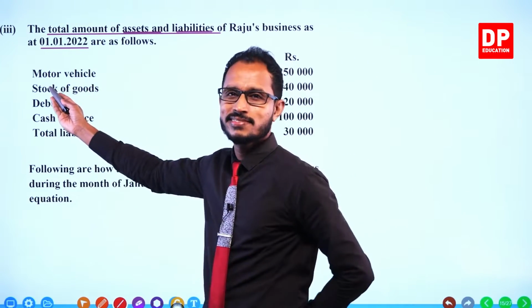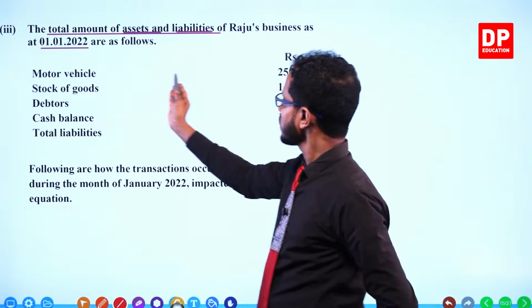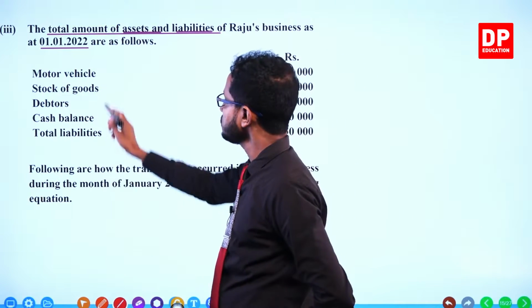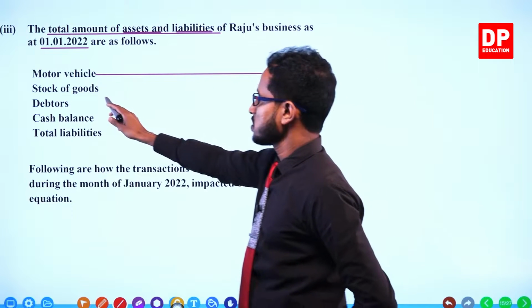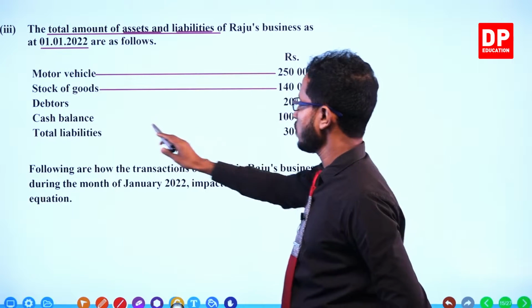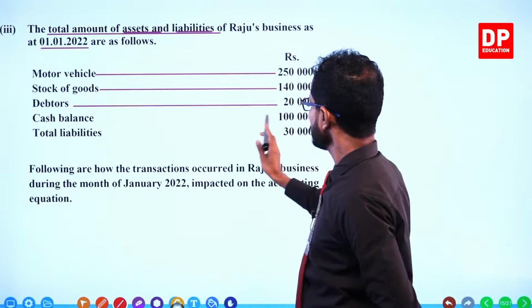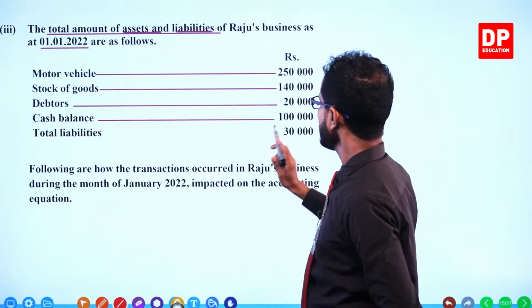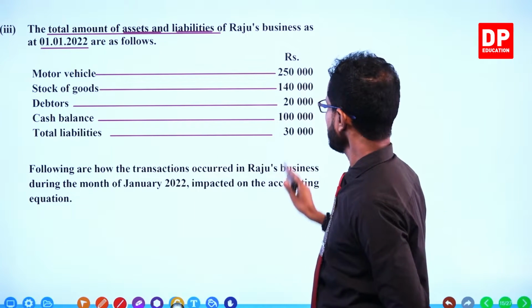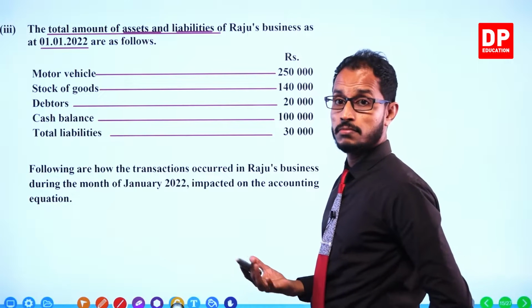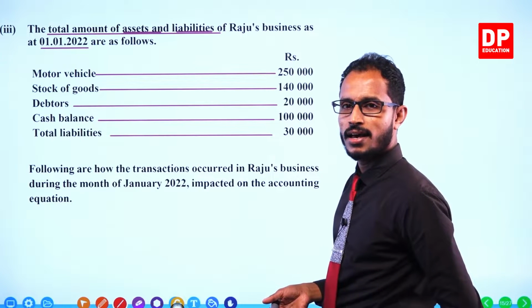Motor vehicles, we have 250,000. Stock of goods, 140. Debtors, 20. Cash, 100. Liabilities, 30. Familiar?